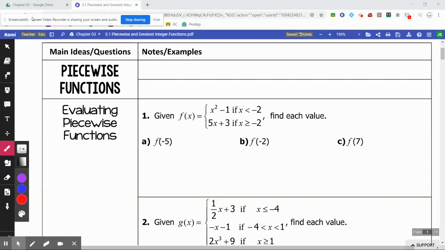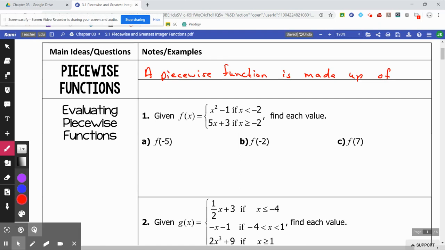In this section, we're going to be talking about piecewise functions. And by definition, a piecewise function is made up of two or more functions.